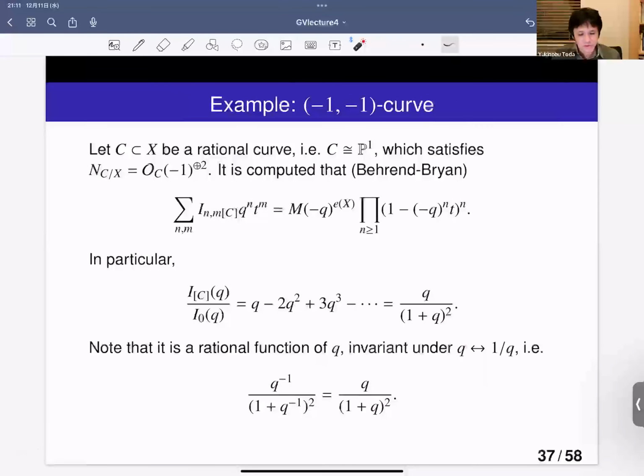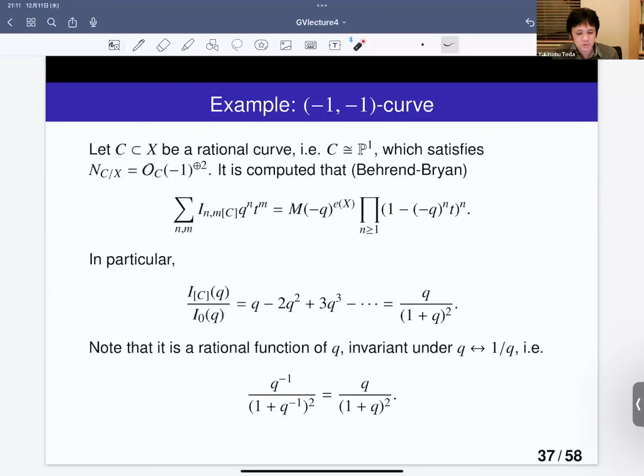Another example is a minus 1 curve. C is a smooth rational curve, that is, isomorphic to P1. Also assume that its normal bundle is the direct sum of O_C(-1) and O_C(-1). That is the case of the super rigid rational curve. In this case, the generating series of rank 1 DT invariants is completely computed.